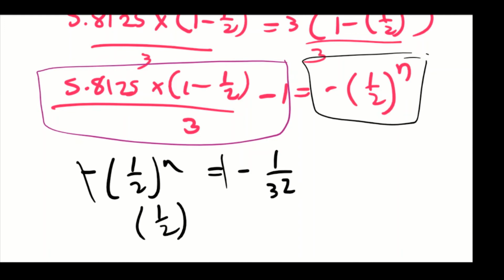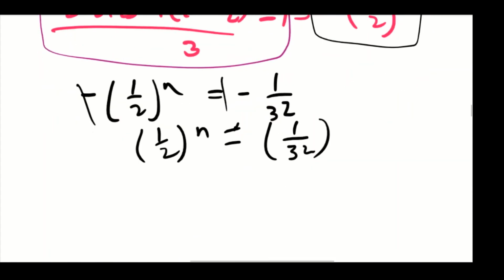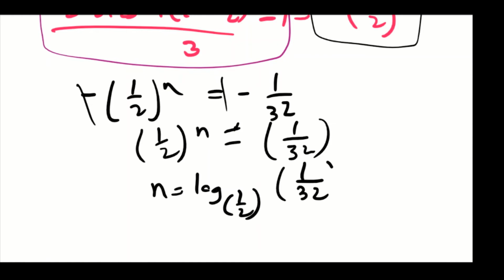We have 1 over 2 to the power n is equal to 1 over 32, right? We can simply say n is equal to log, with base 1 over 2, of 1 over 32, which is equal to 5. So therefore the n value is equal to 5.